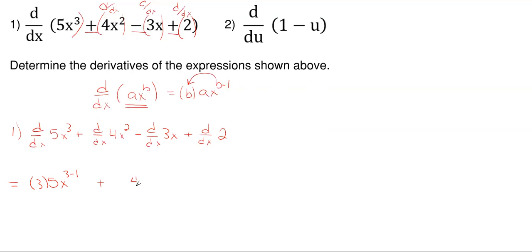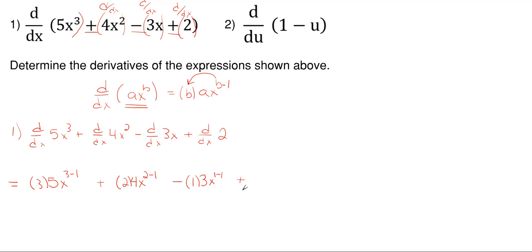Take our constant through of 4, our variable x squared. We're going to take that 2 and drop it in front, and then subtract 1 off of our power of 2. Then subtracting our next one, which is the constant of 3 carrying through, times x, and essentially this is x to the first power, so drop that 1 in front, and then subtract 1 off of it.